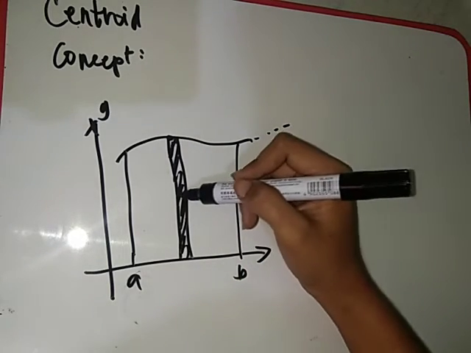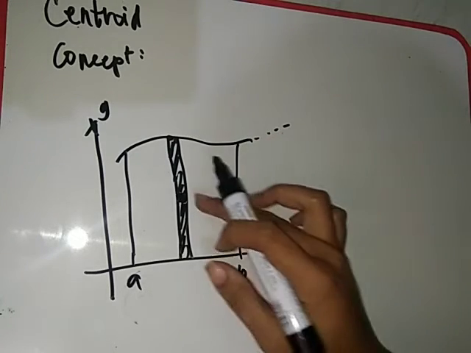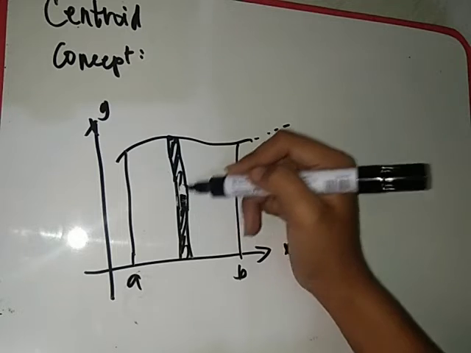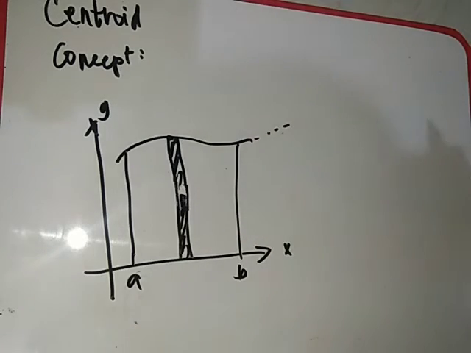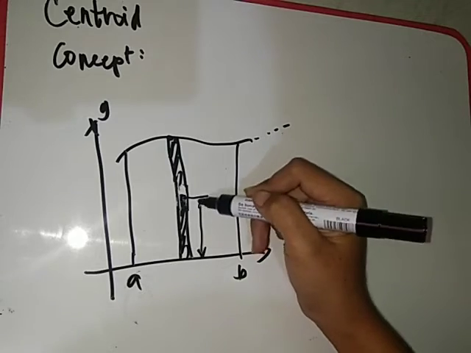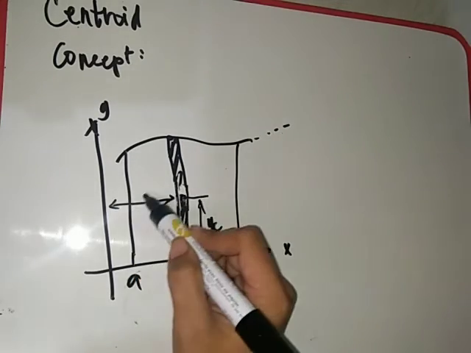So we have the center, so this is the centroid. This is YC, this is XC.